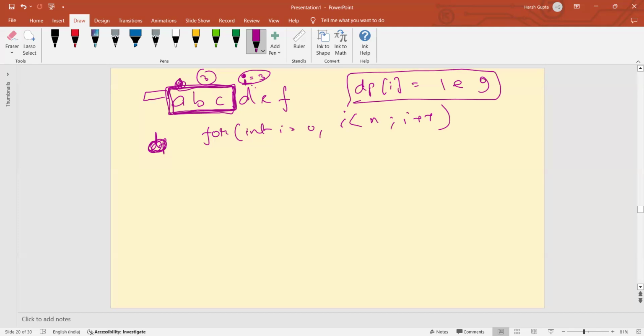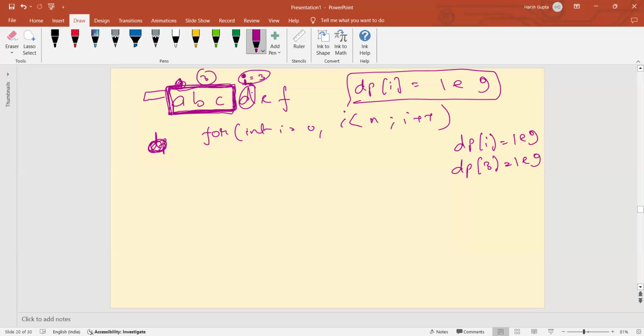Now, by coming to the index, if I get that DP of i is 1e9, what does that mean? If, by coming at D, I get that DP of 3 is 1e9, that means we are not able to construct the string ABC by the strings given in the array words, isn't it?